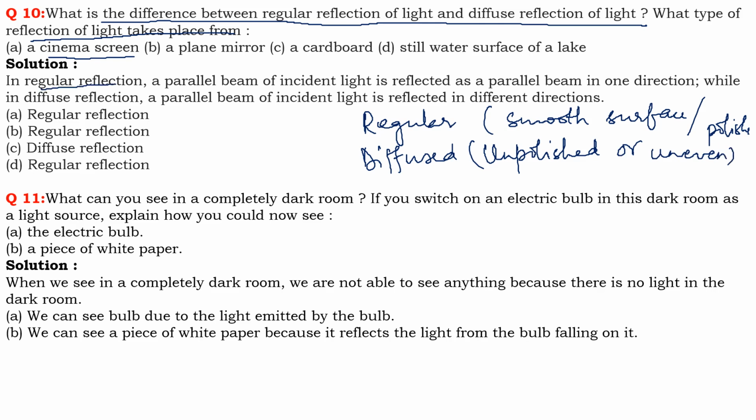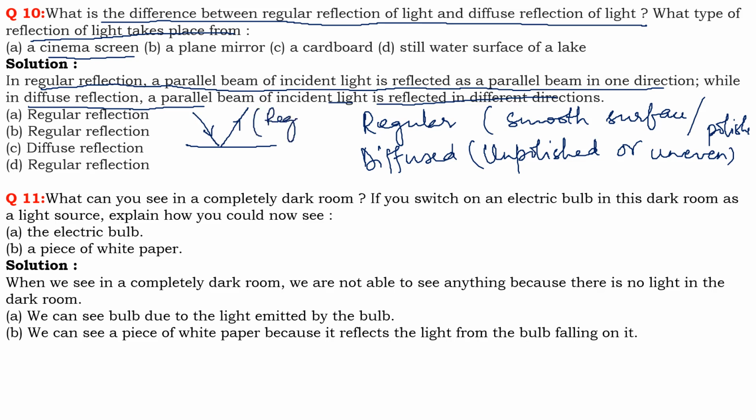In regular reflection, a parallel beam of incident light is reflected as a parallel beam in one direction, while in diffuse reflection, a parallel beam of incident light is reflected in different directions. For regular reflection, this is your incident ray and this is your reflected ray.